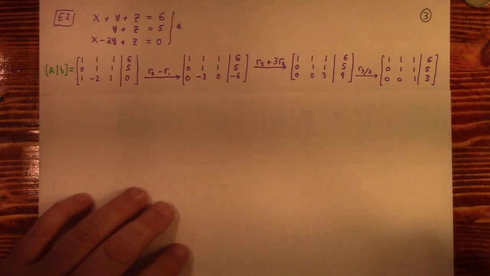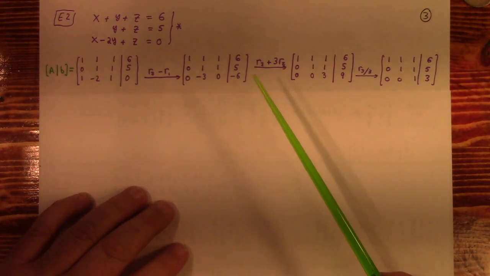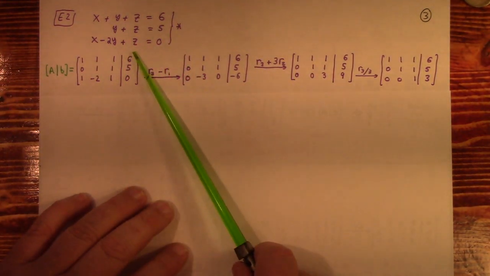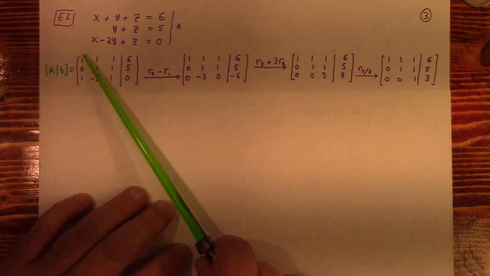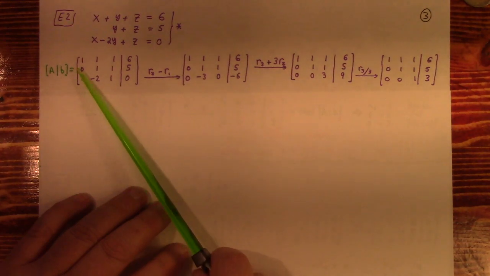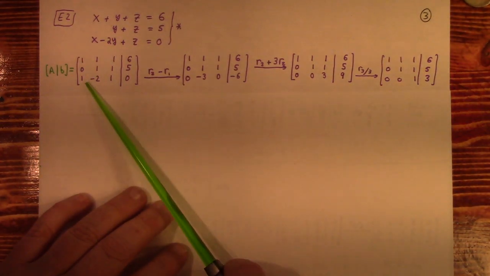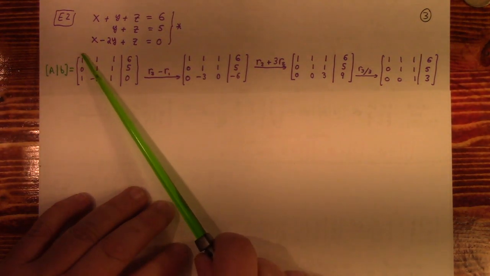All right, so there are 2 aspects to the algorithm: the forward pass and the backwards pass. So the forward pass, well, let's just look at it. Here's my system of 3 equations and 3 unknowns. That gives me a 3x4 augmented coefficient matrix, 3 rows, 4 columns. My first pivot position, as it's called, is this upper one.